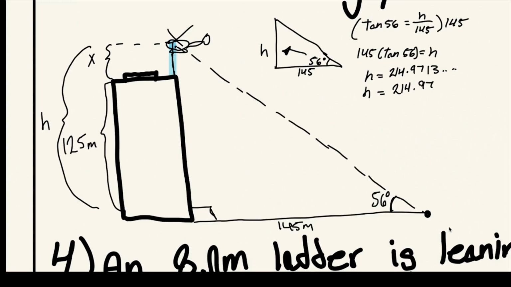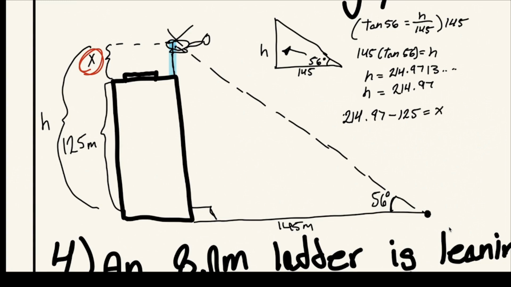So what can we do to figure out this X value by itself? We can do 214.97 minus 125, because remember, that 125 is part of the overall height. So it's part of the 214.97. If we just subtract it from that, we'll get what X is.